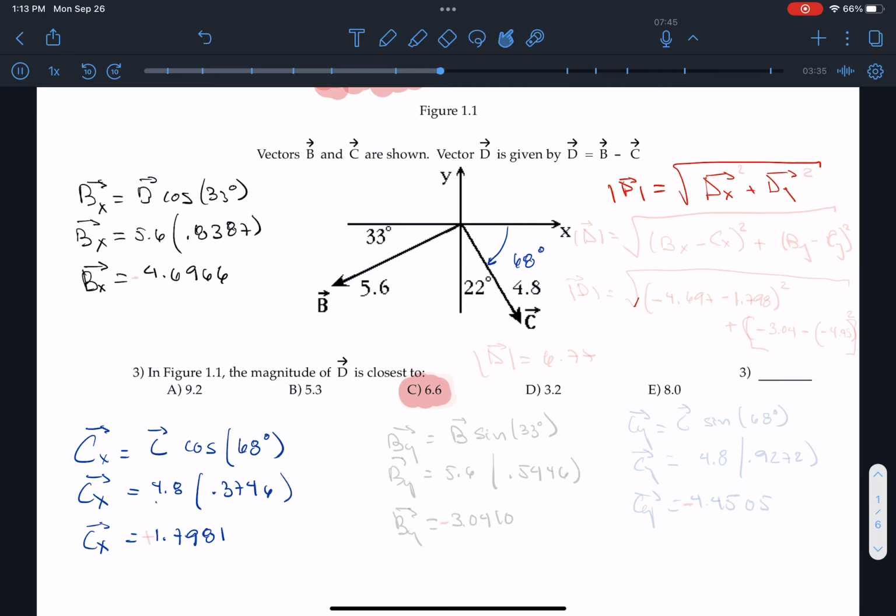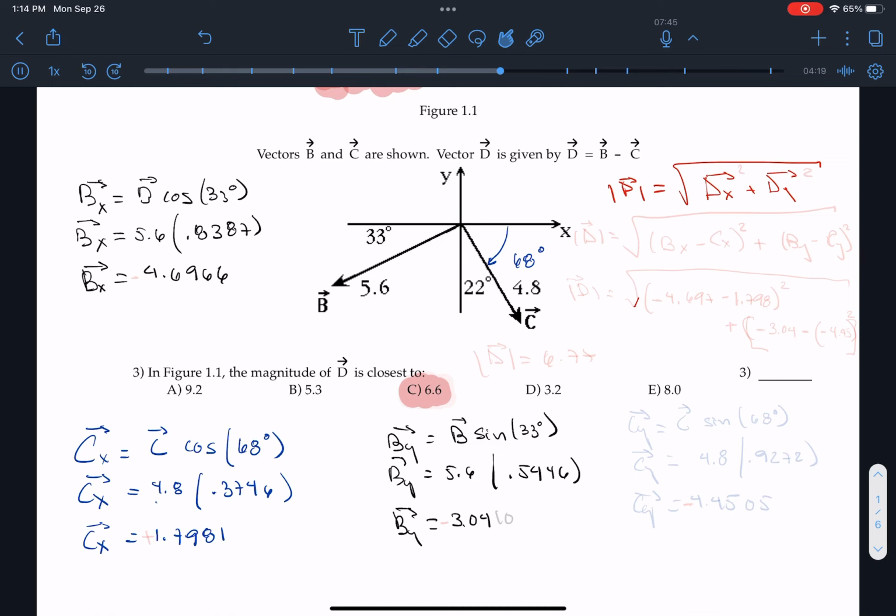Now let's do the same for the y component of both vectors. B on y is equal to the length of b times the sine of 33. B on y equals 5.6 times the sine of 33, which is 0.5446, and that's going to be equal to 3.049.